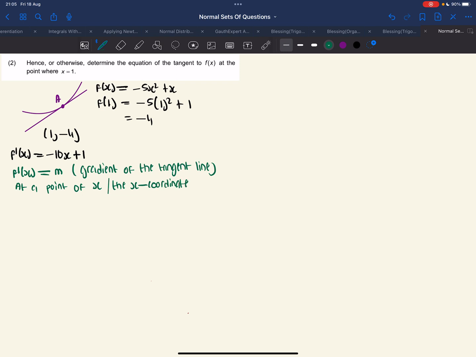All right, now remember we are given that the x coordinate is x equals 1. So for f prime of x, we sub in 1: minus 10 times 1 plus 1 equals, I think that should be minus 9.